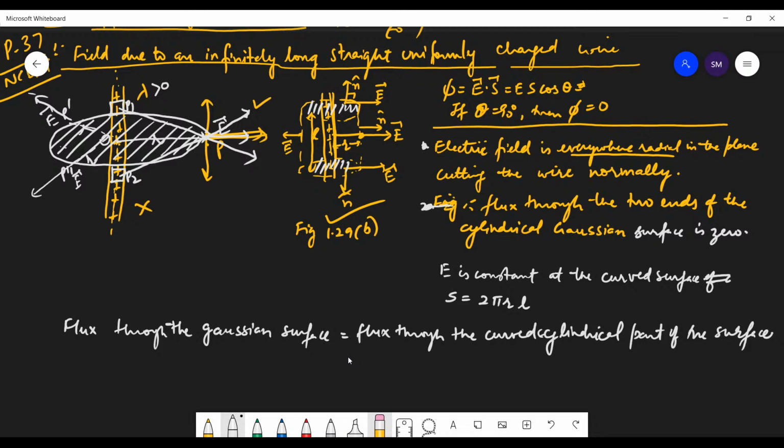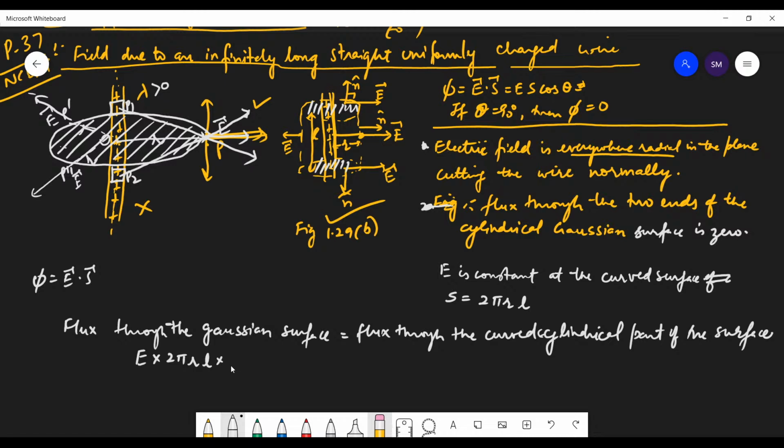Now we'll write it through the definition. What is the flux through the Gaussian surface? We know flux is equal to E dot S. So by definition, E into 2 pi r L, that is E into S into cos of the angle between the surface and electric field. That angle is 0, and cos 0 is 1.